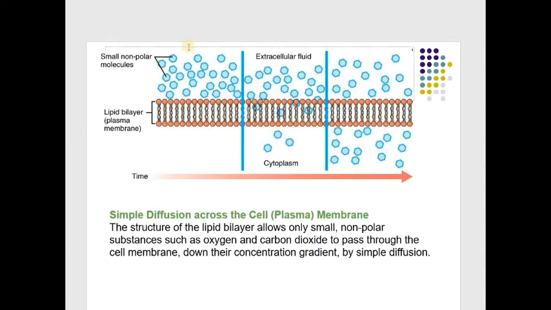Okay, so if you have a whole bunch of teeny tiny little molecules, such as oxygen or carbon dioxide on the outside, they're going to just naturally percolate or trickle through the plasma membrane into the cytoplasm because it wants to maintain equilibrium on both sides of the plasma membrane whenever possible. So if it's small enough, it's just naturally going to filter and bop its way through these phospholipid bilayers in order to maintain an equilibrium here.